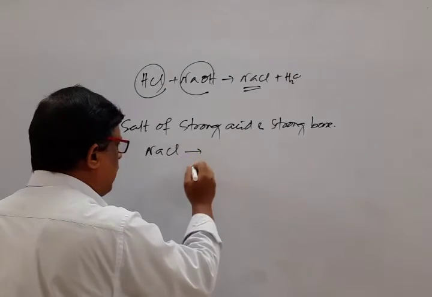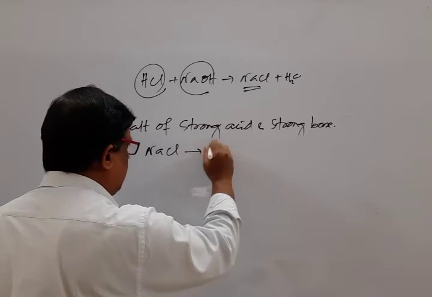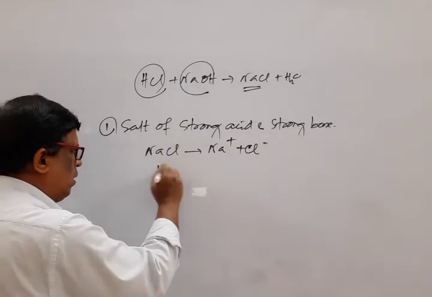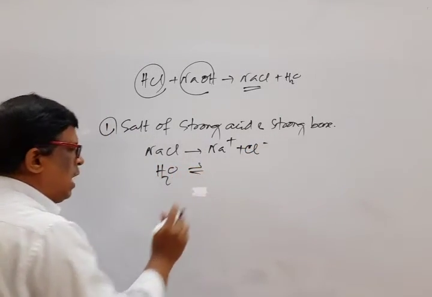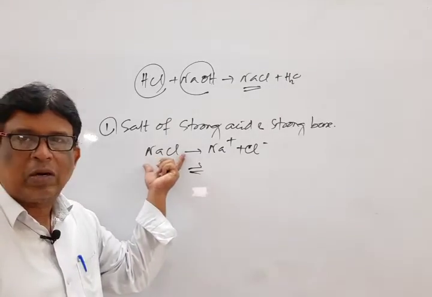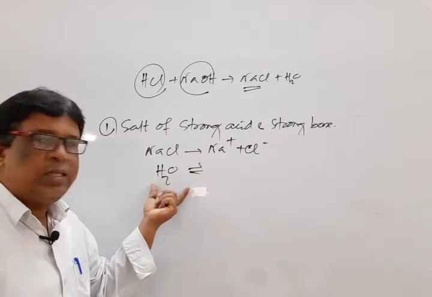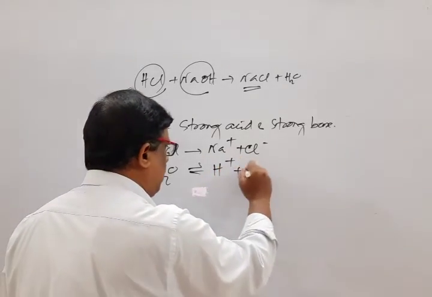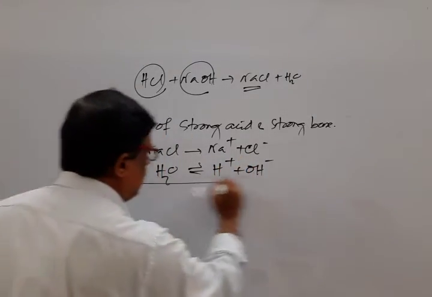When sodium chloride ionizes in water, it dissociates to sodium ion and chloride ion. The salt is a strong electrolyte, completely ionized, and water is a weak electrolyte, partially ionized to form H+ ion and OH- ion. Mark that.